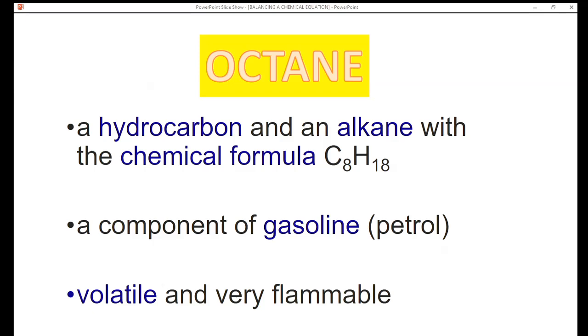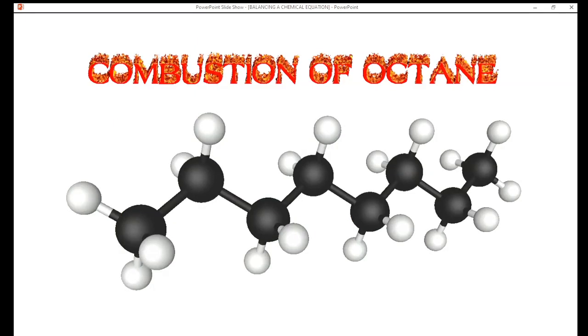Right now we are going to have a look at what happens to octane when it is combusted. Since octane is a hydrocarbon, all hydrocarbons, when they are completely combusted, will be converted into carbon dioxide and water. The question here is how to write an equation that shows the combustion of octane.